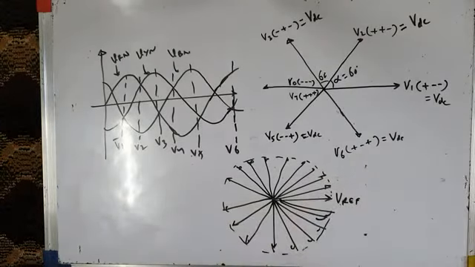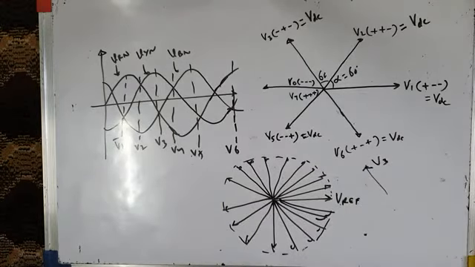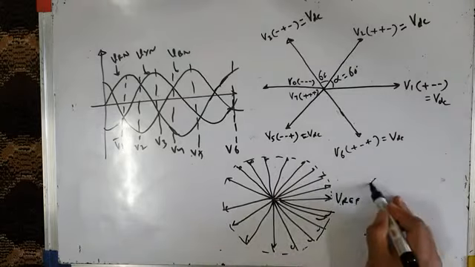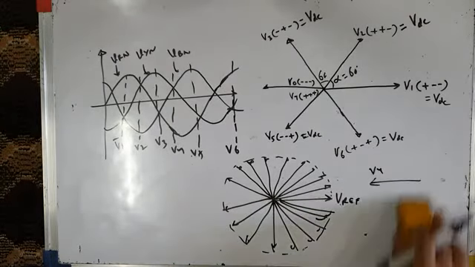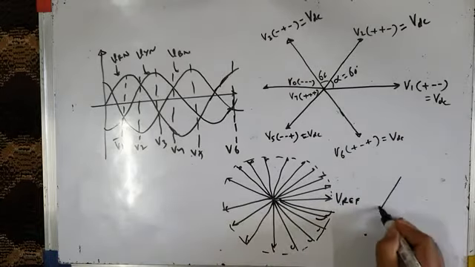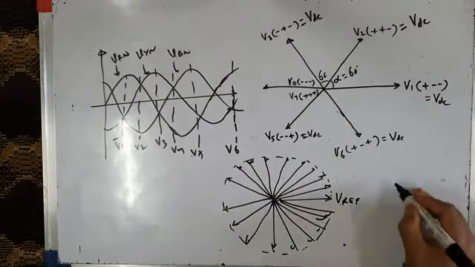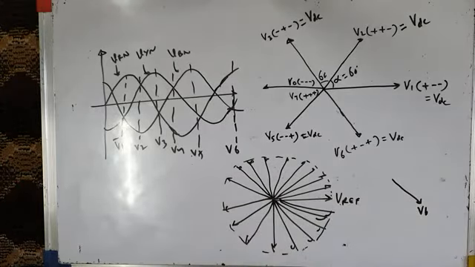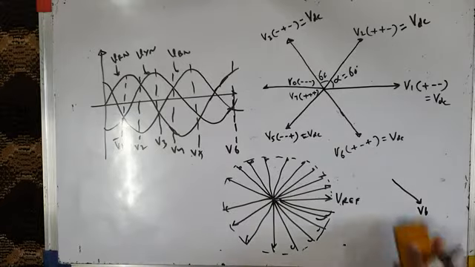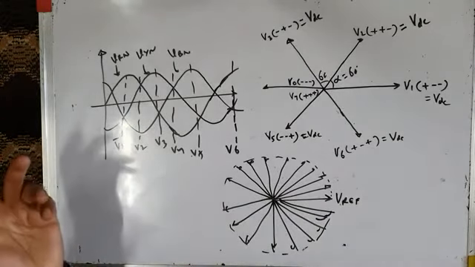After 60 degrees, V3 was applied across the load. After another 60 degrees, V4 was applied, and this remained there for 60 degrees. After another 60 degrees, V5 was applied across the load. It was there for 60 degrees, and after another 60 degrees, V6 voltage vector was applied across the load, and that completed the cycle, and that gave us 6-step 3-phase voltages VRN, VYN, VBN.